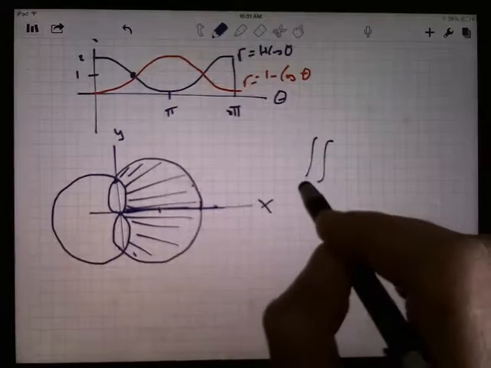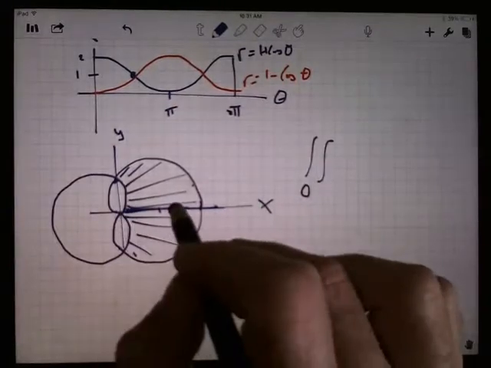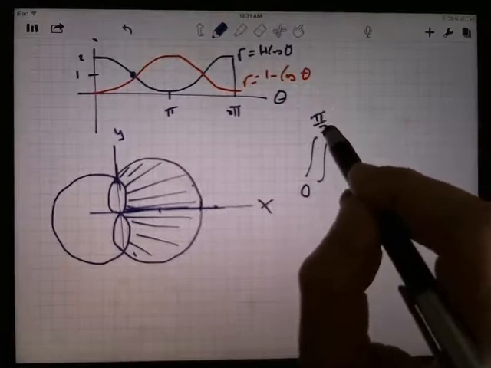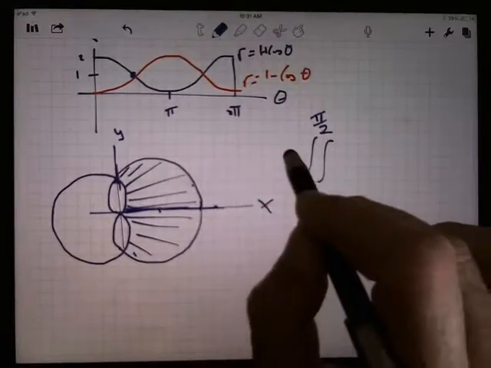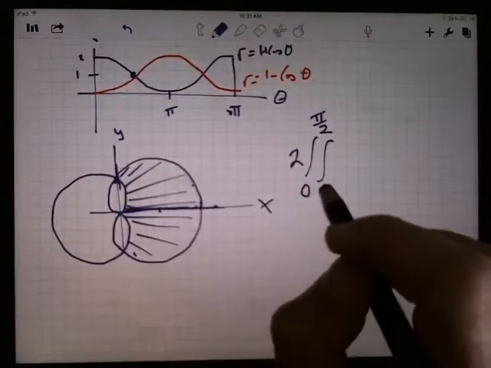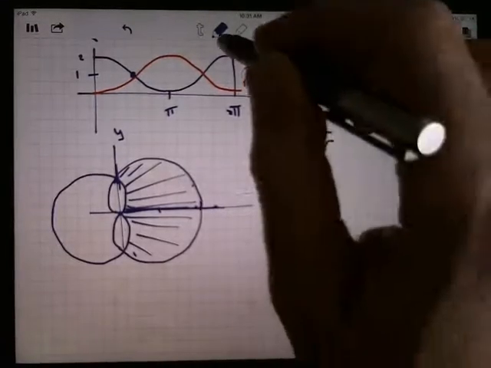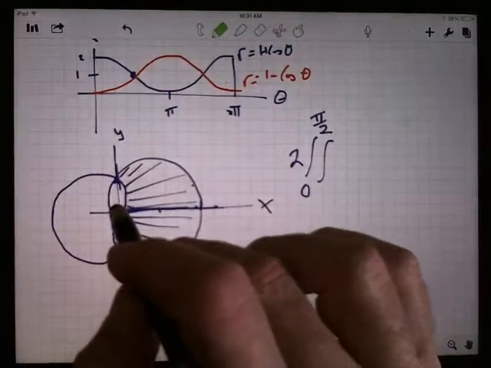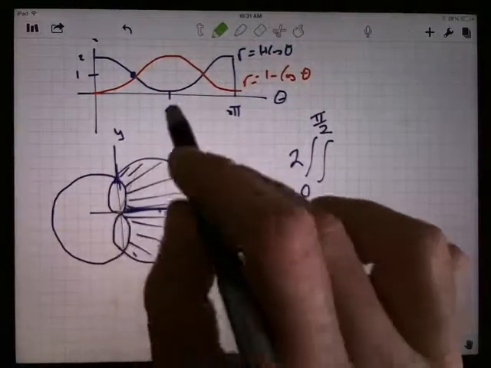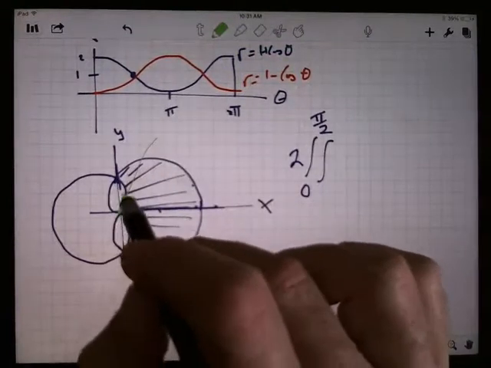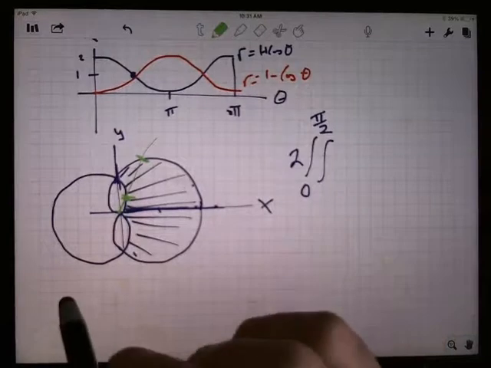Looks like I need the integral from 0, that would be here, out to there, which is pi over 2. I'm going to double my answer when I'm done because I'm just doing the top half of it. Now I've got to figure out r. For each value of theta between 0 and pi over 2, I need to say what's the smallest value of r I'm interested in, and what's the biggest value of r.